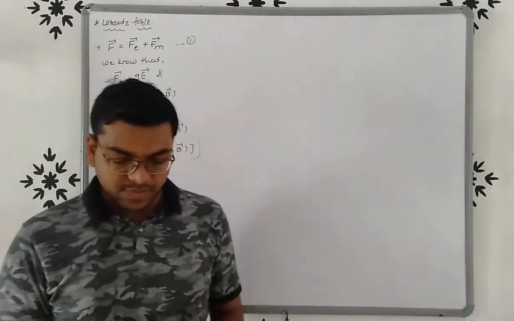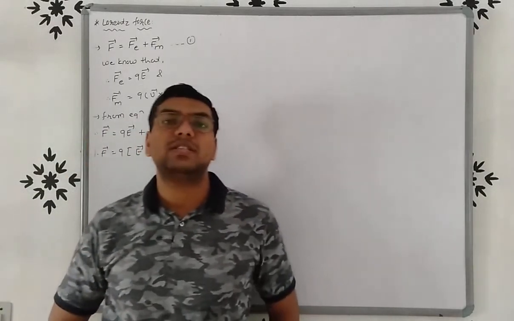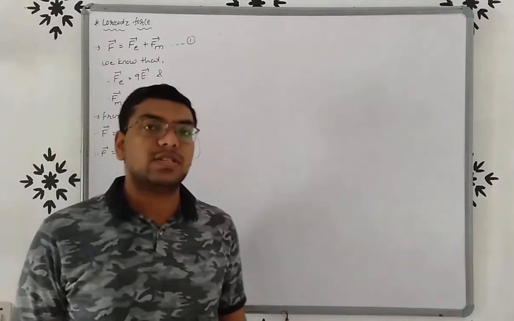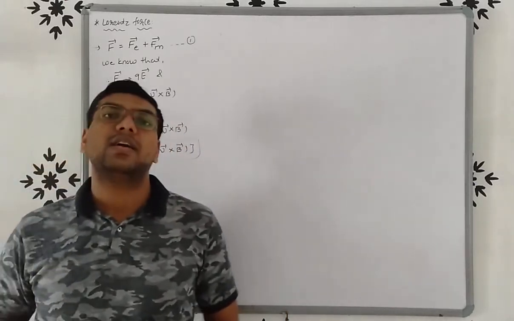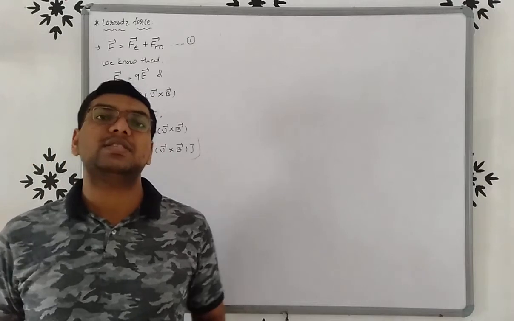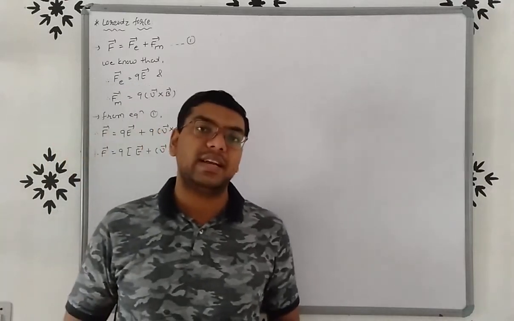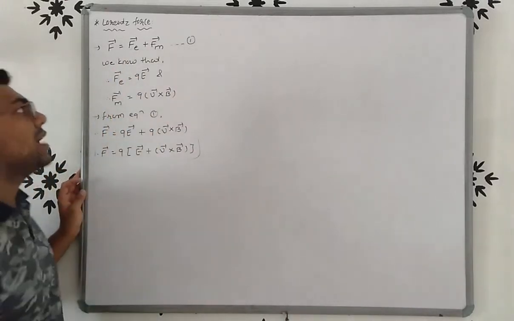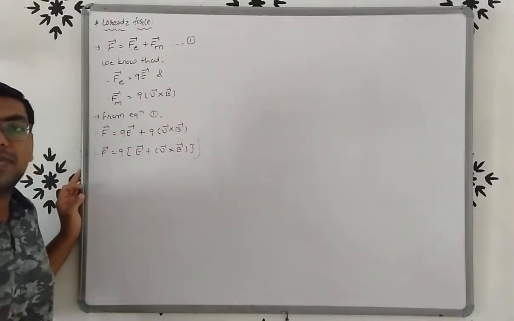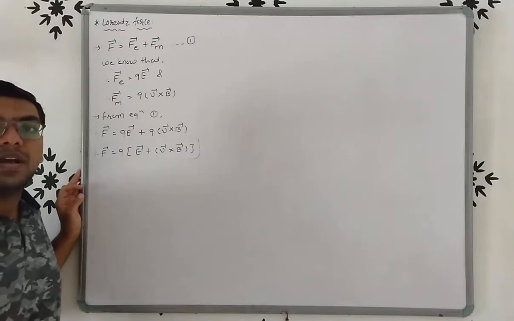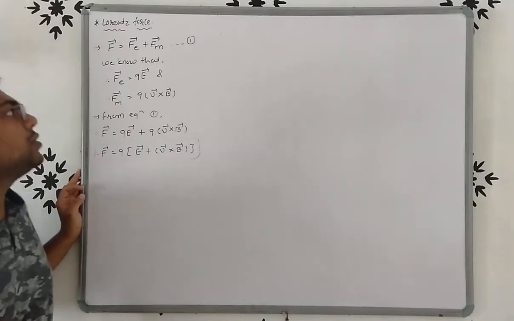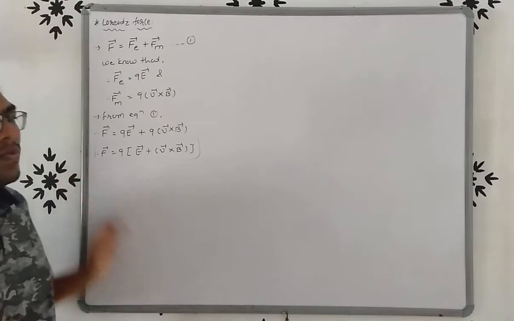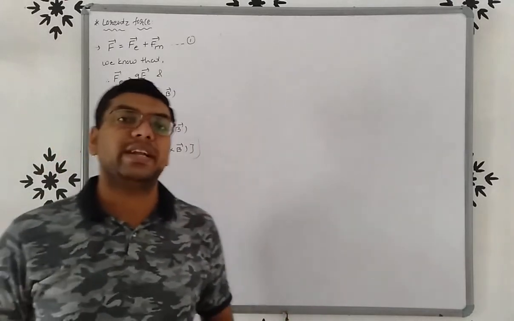Once again, friends, what is Lorentz force? Lorentz force is a force experienced by a moving charge in the presence of electric field and magnetic field. So total force F equals Fe plus Fm, Fe the force experienced by a charge due to electric field, and Fm the force due to magnetic field.